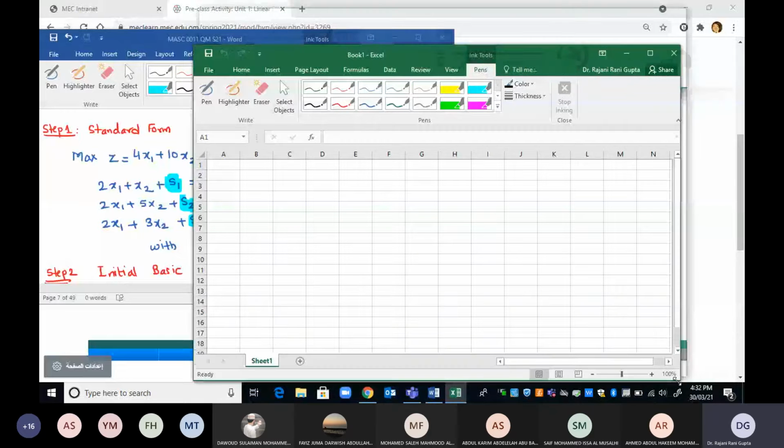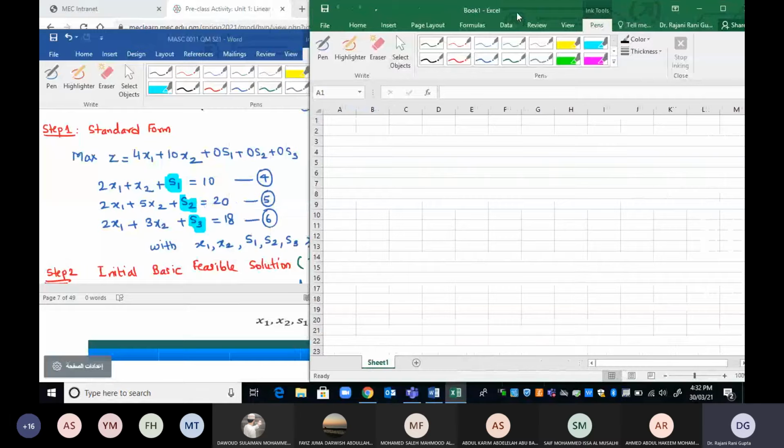So we write down here x1, x2, s1, s2, s3. Okay, these are our variables. And what are the basic variables? S1, S2, S3. So we mention the basic variables here, S1, S2, S3. We call them basic variables.